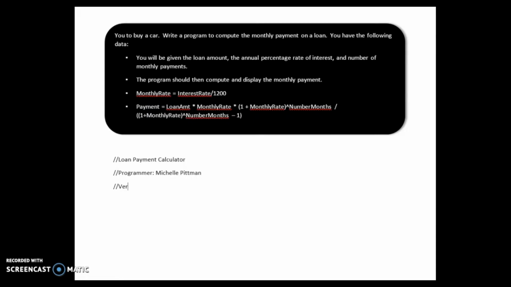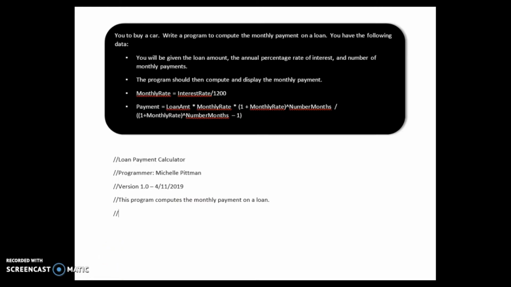In this case we're going to be on version 1.0, but this could be version 2, 3, 4, 5, however many versions you have if there are edits and things like that. And then the date. Give a synopsis of what it is: payment on a loan.